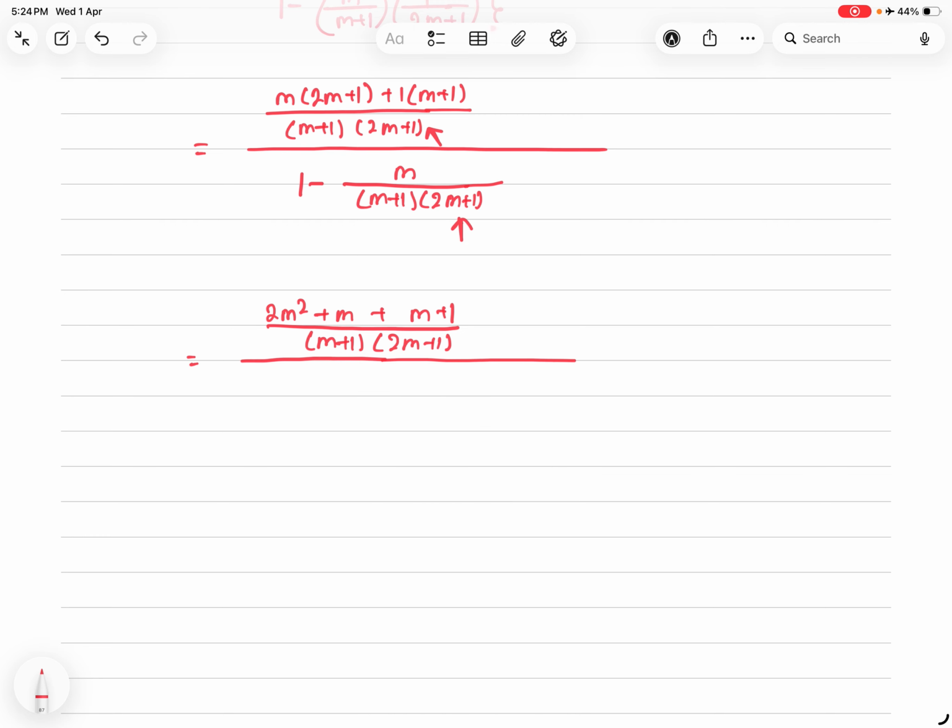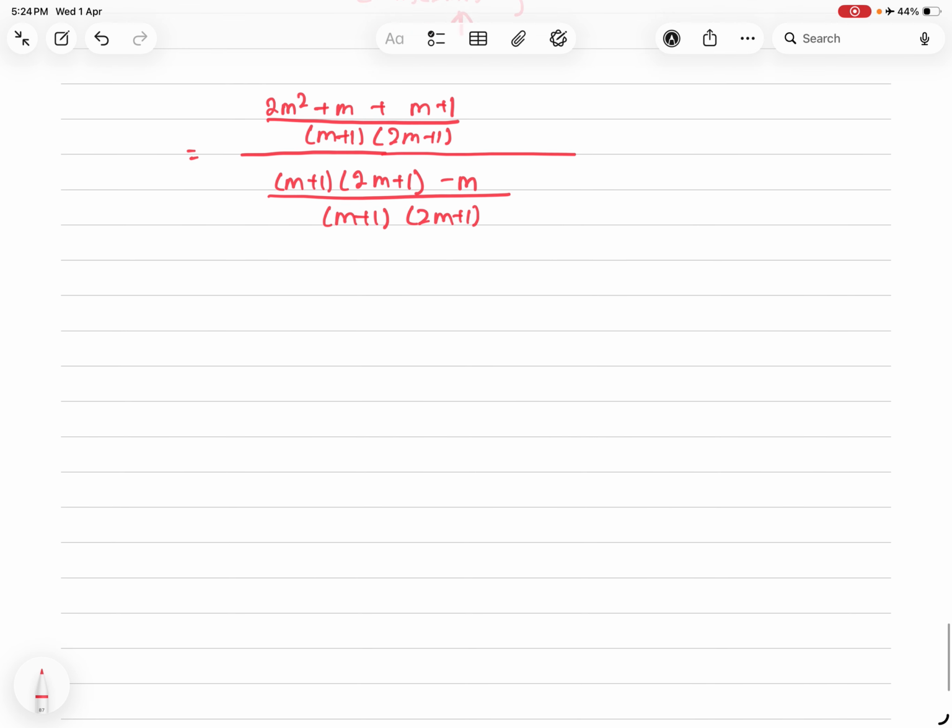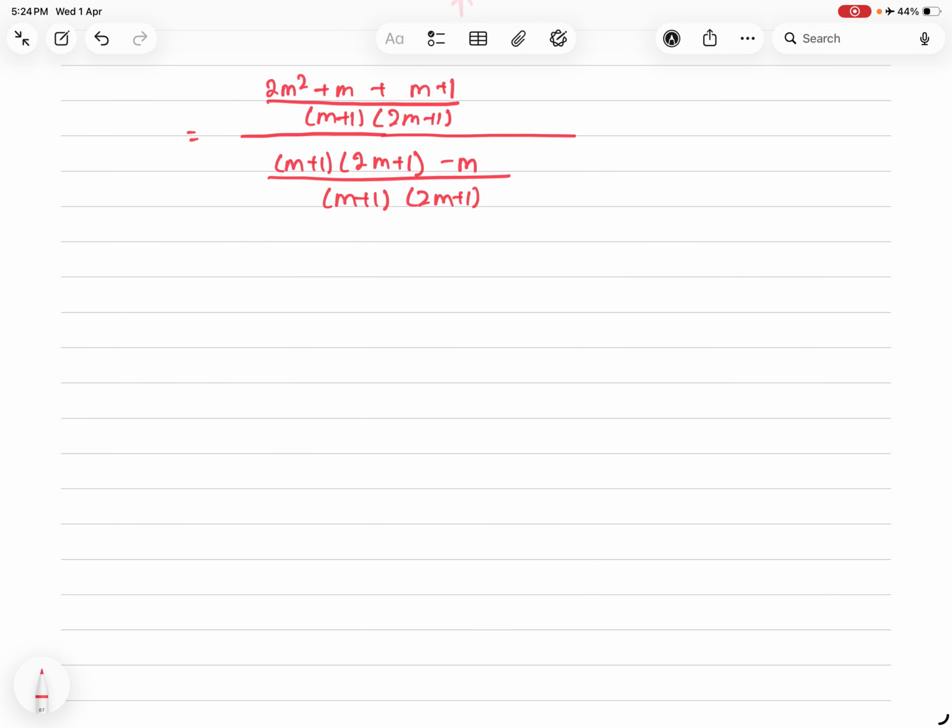Now we can write this as m plus 1 into 2m plus 1. On top, I'm doing the LCM. 1, I'm writing like this, minus m by, into 2m plus 1. Now, before cutting, I'm going to resist my love for cutting, and I'll show you why I'm going to be cutting. Let's bring everything under one division sign.